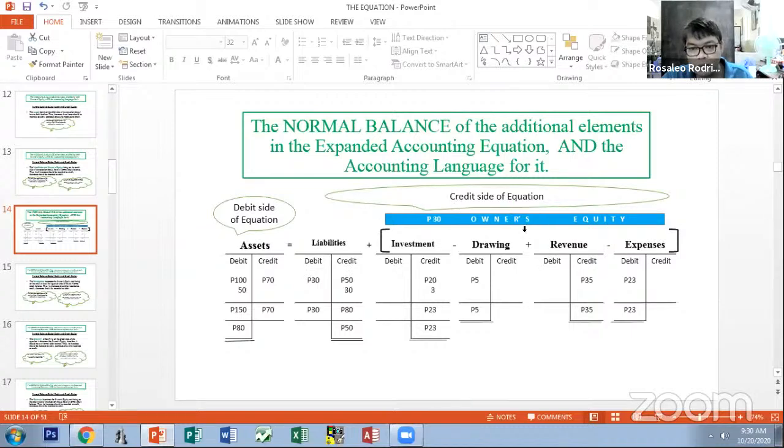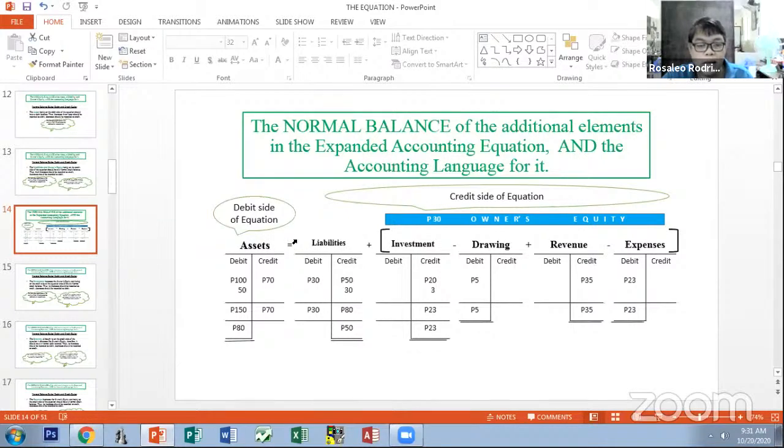So two claimants of the assets. The liabilities, creditors, represented by these liabilities. So we don't call it creditors, but liabilities. From the point of view of the accounting entity, the business, it is an obligation. So he has an obligation to creditors called liabilities.